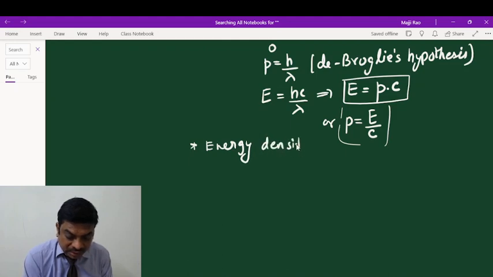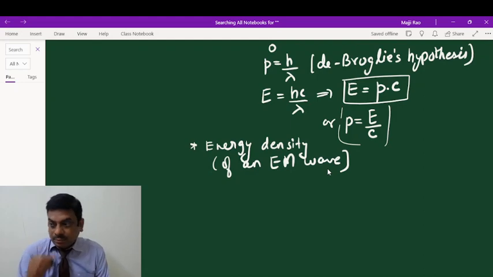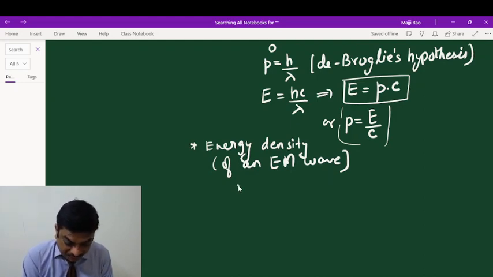Now, let us talk of energy density of an electromagnetic wave. We are going to find energy density due to electric field. This is half epsilon 0 into E square.